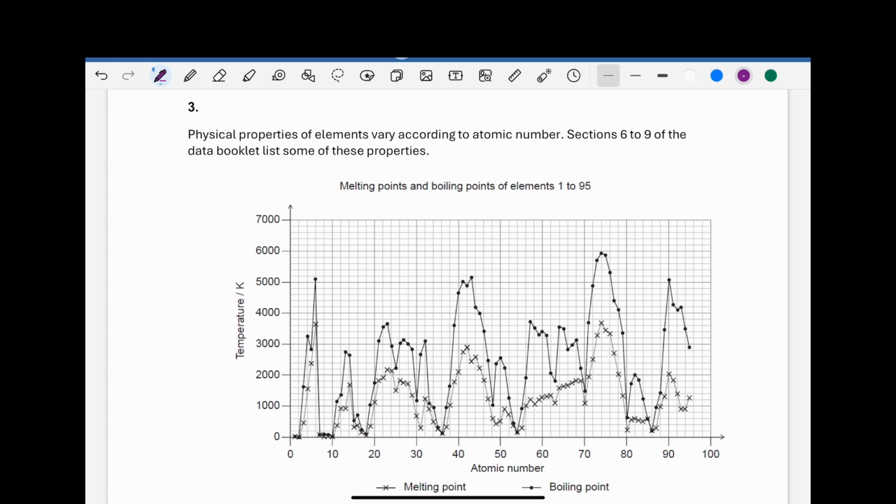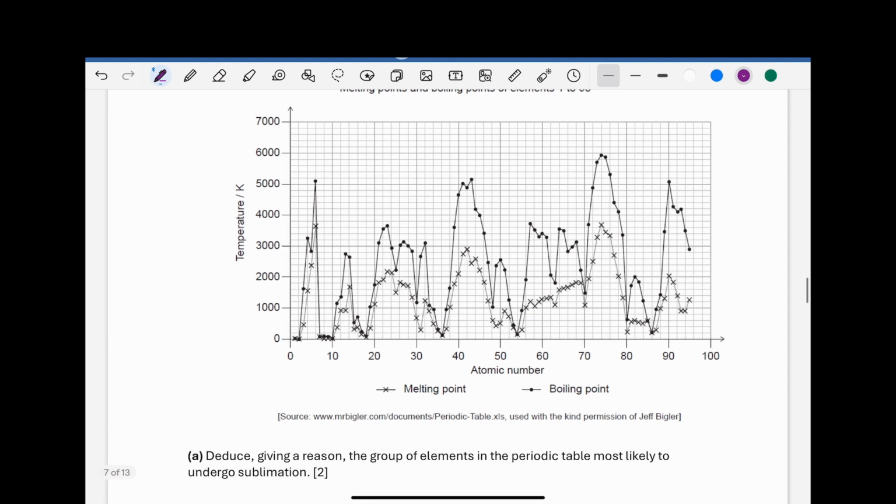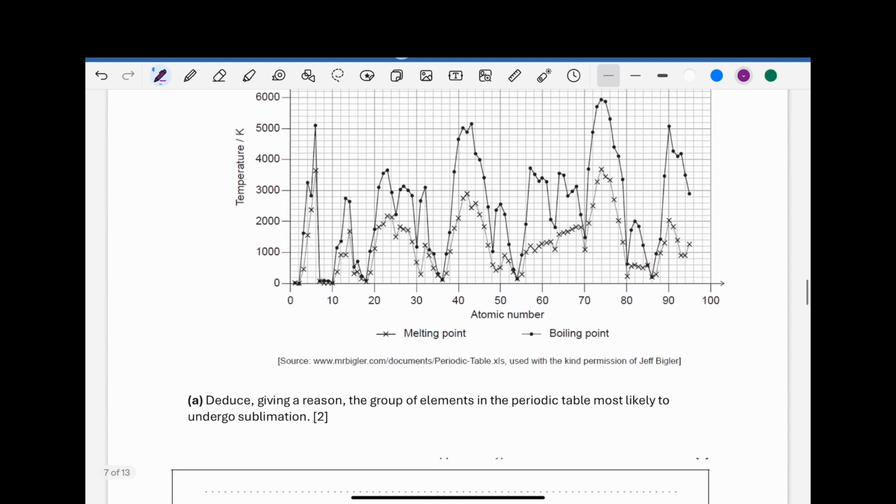Physical properties of elements vary according to the atomic number. Section 6 to 9 of the data booklet lists some of the properties. A. Deduce, giving a reason, the group of elements in the periodic table most likely to undergo sublimation.